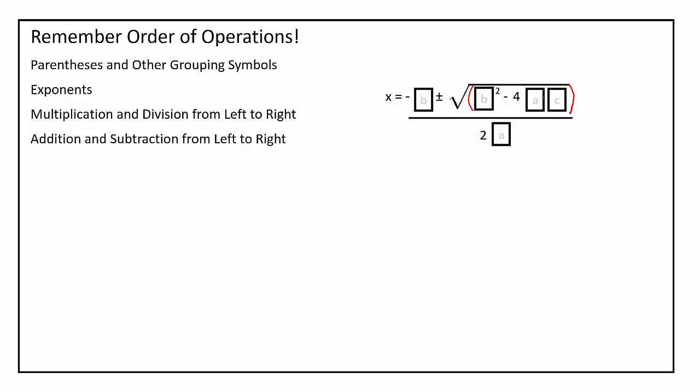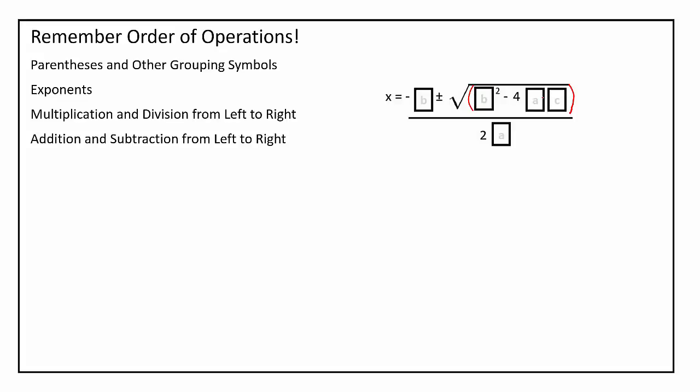So one of the first things we do before we do other stuff is we figure out what the b squared minus 4ac part is, so that we just have a single number underneath our square root. That comes before us trying to simplify things outside our square root with things inside our square root. And actually, we don't do that anyway.